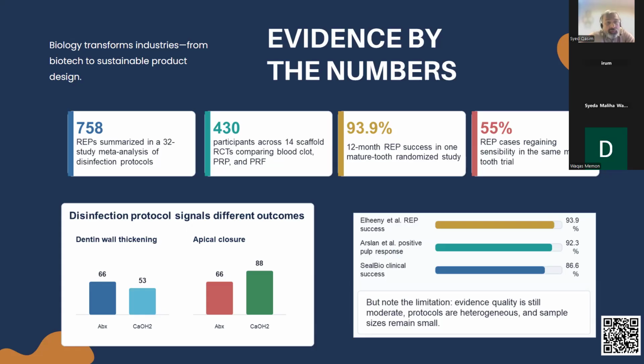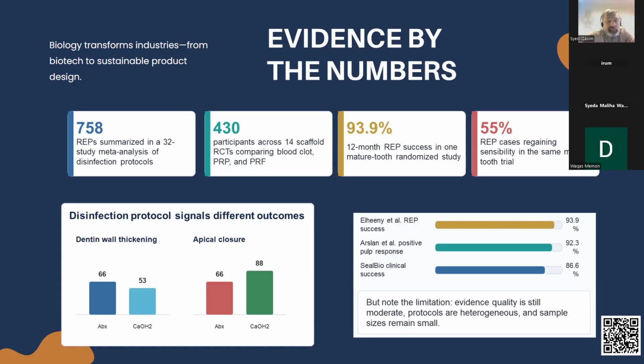That is the number of cases reported to show dentine wall thickening. As compared to that, apical closure was seen more in calcium hydroxide, with 88 cases reported, compared to antibiotic paste, which showed only 66 cases for apical closure.